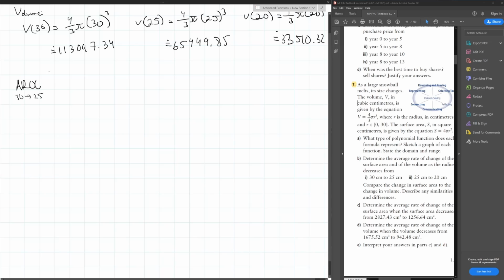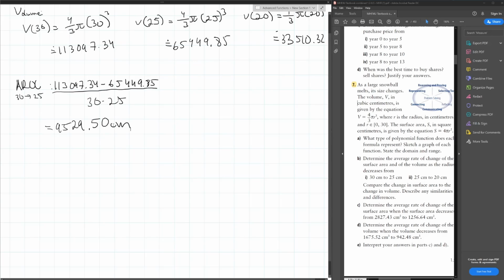We would have 113,097.34 minus 65,449.85 all over 30 minus 25, which is equals to approximately 9,529.50 centimeters.